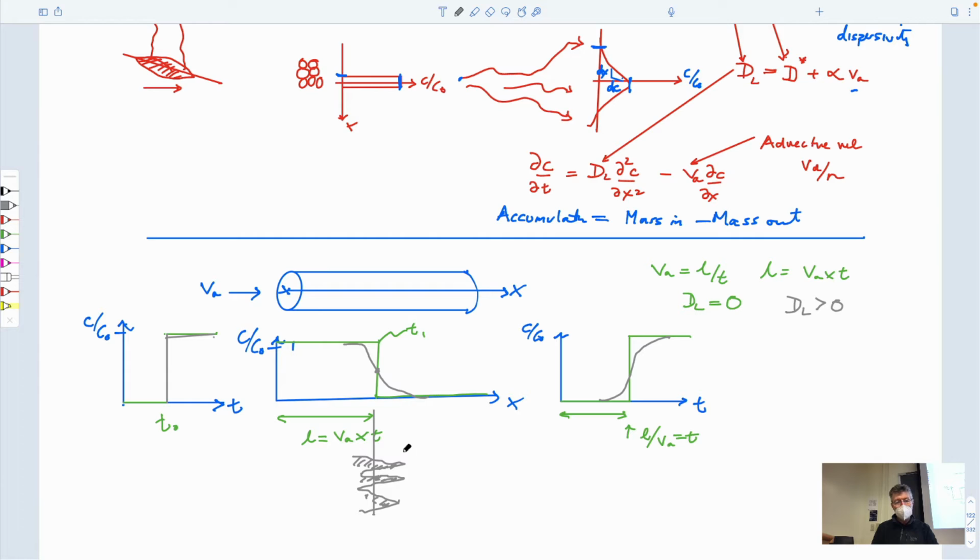Ahead of the front, if you took an average here, it would be mainly water. And if you took an average back here, it would be mainly solute. That's all that's saying. So that would be physically what it looks like. A bunch of fingers, heavy in solute in the solvent, and some which are just pristine water in between them, so that when you take an average, which is what we're doing along the length of this core, it would look like that. So that's what we know about this system.